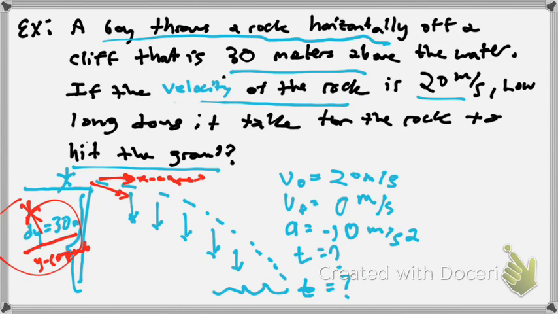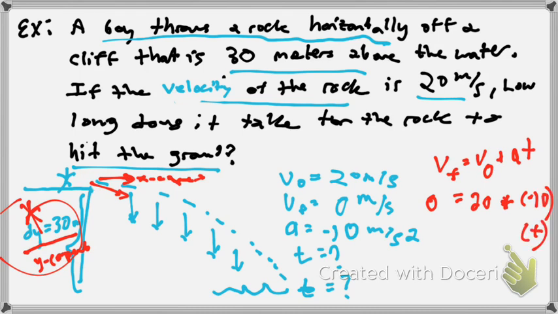We know this equation: V final is equal to V initial plus acceleration times time. Our V initial is 20. V final is 0. Then we have acceleration, -10, and time, what we're trying to solve.